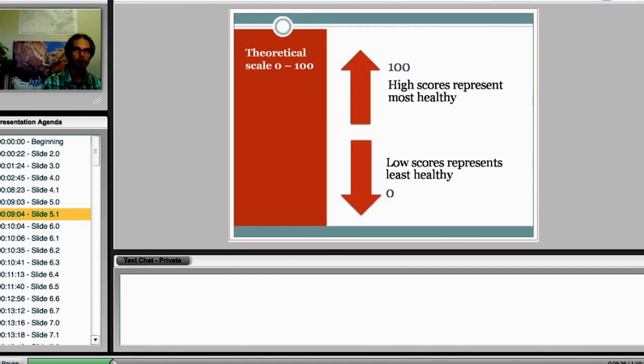Maybe if there are some very significant emotional, physical, medical issues, then they may be really low. But most of us are somewhere in between. And for the sake of this slide and for the presentation tonight, what I want you to understand is that the higher the level of differentiation, the greater the level of emotional maturity and overall health.